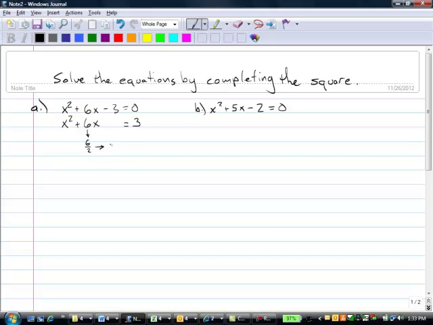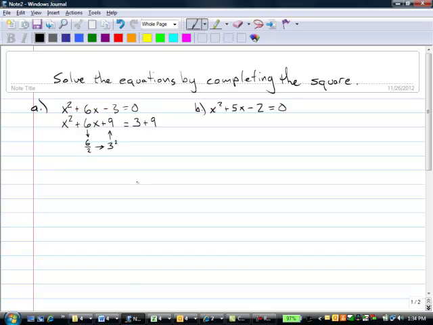And that gives me, 6 over 2 gives me a 3. Then we square the 3. We take half of that center coefficient and we square it and we put the result up here. That's a plus 9. Well, I've changed the left side of the equation by adding 9 to it. To keep the balance, I need to do that to the right.